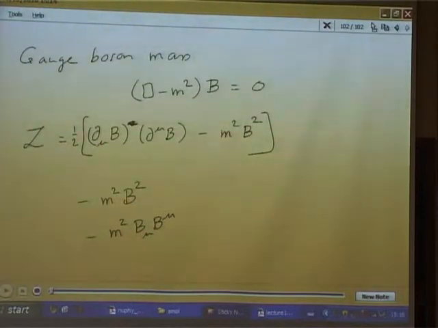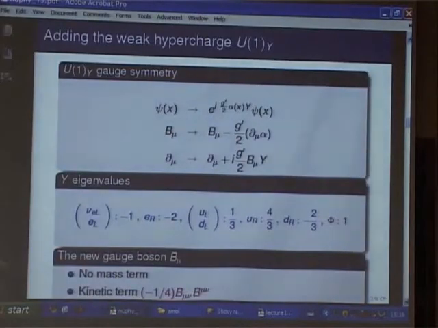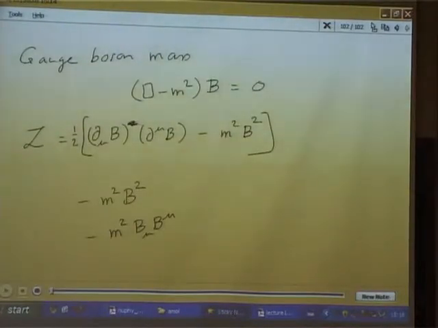We looked at what happens to B mu: B mu goes to B mu minus g by 2 times the derivative of delta.